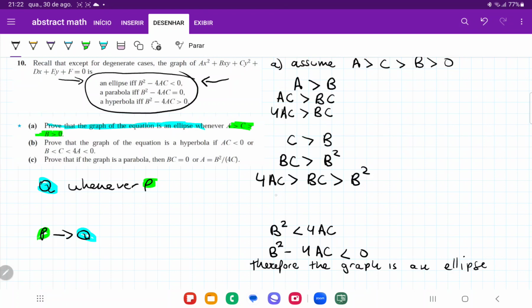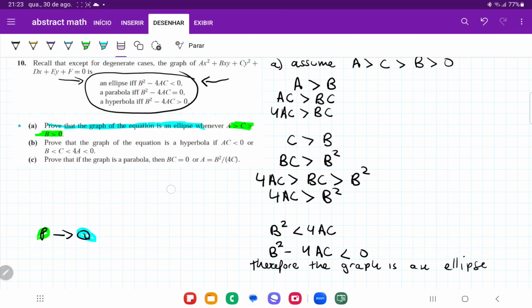So I can just cut out the middleman: 4ac is greater than b squared, which implies that b squared is less than 4ac. So we were at the point where developing from the conclusion meets developing from the hypothesis, and that is our proof. It is done. So let's go now to item B.